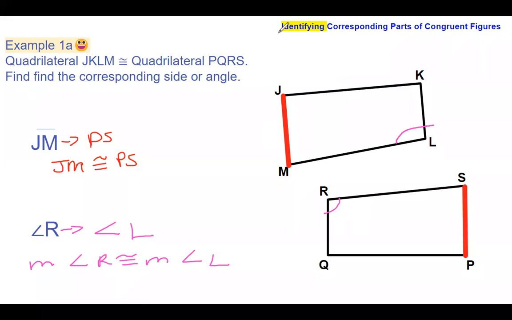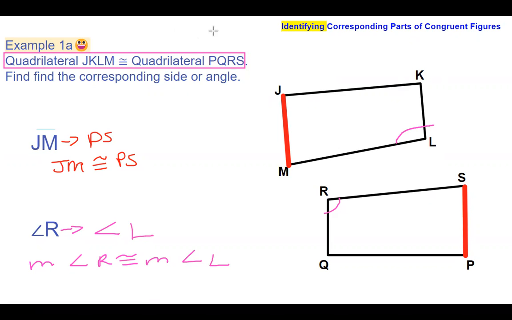Another way to identify is by its congruence title. What is the congruence title? Well, it's the statement that's given whenever you have your figures. You're being told that one figure is congruent to the other. Whenever we write the congruence title, the corresponding parts are written in a particular order.